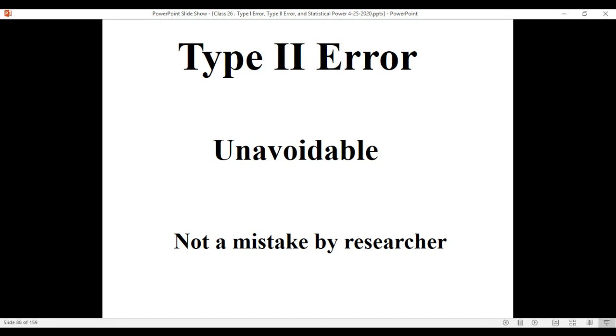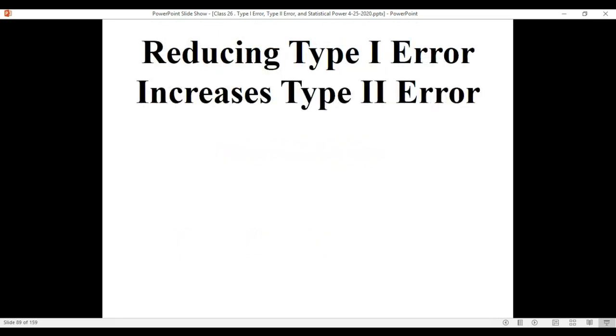Now I'm going to tell you something that's a little unpleasant to think about, particularly for researchers. It's shocking to say, but reducing type 1 error increases type 2 error.